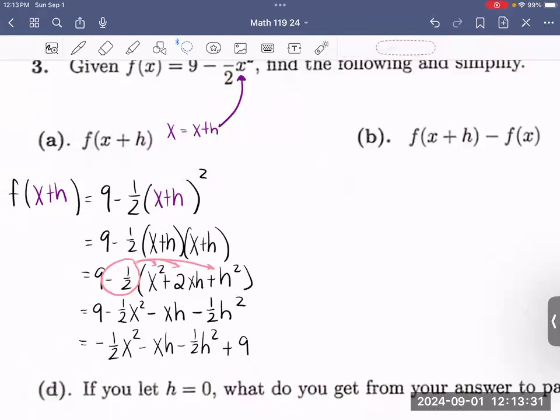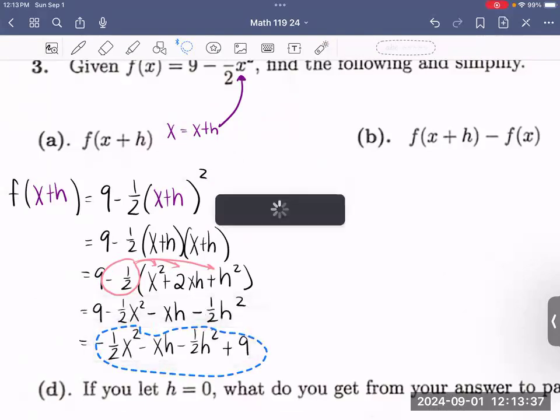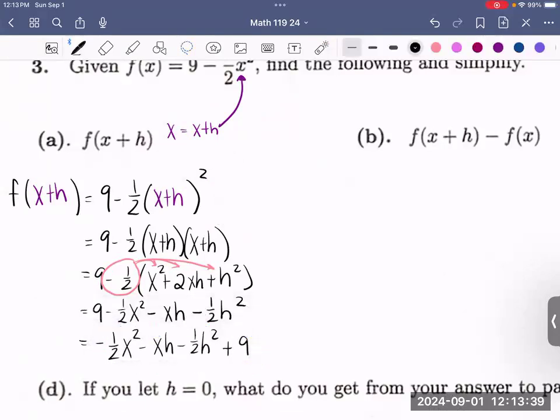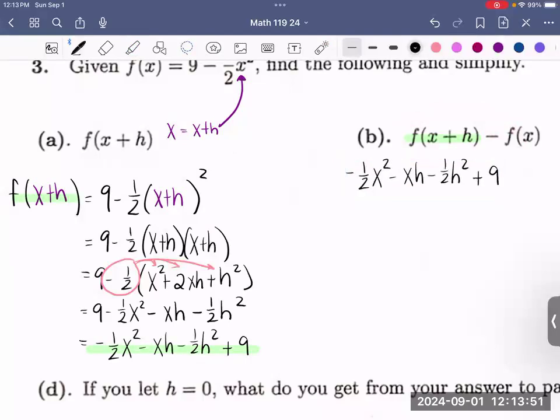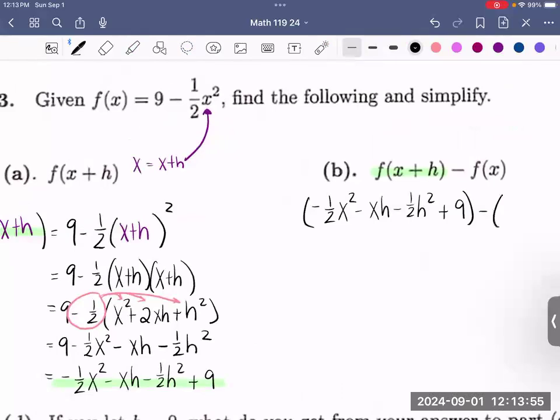So this right here is going to be what we're starting with on your last one. So we have this whole thing as being f of x plus h, and we're then going to subtract, we'll put it in two parentheses, f of x being 9 minus 1/2 x squared.